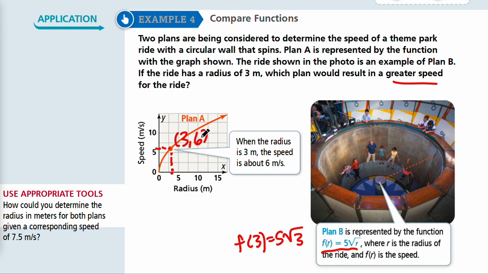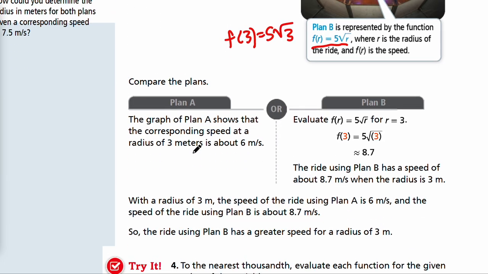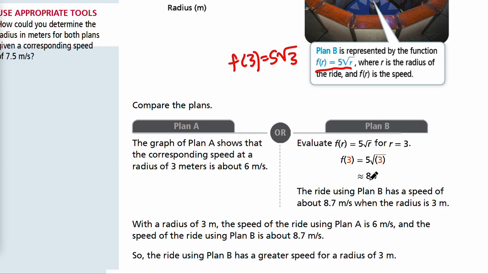If it's greater than 6, then plan B is greater. If it's less than 6, plan A is greater, right? So figure that out, which is about 8.7. So it's greater than 6, and plan B is going to be a greater speed. So the ride using plan B has a greater speed for the radius of 3 meters.